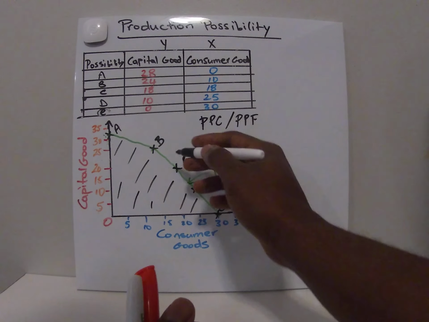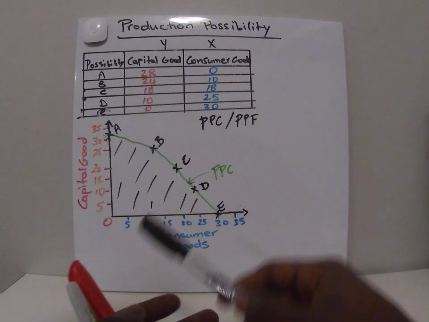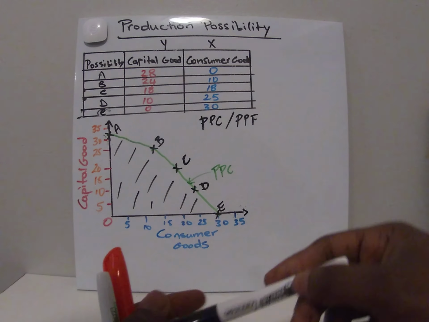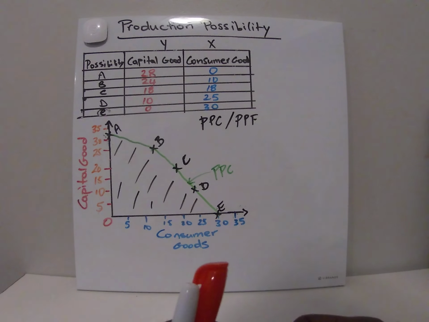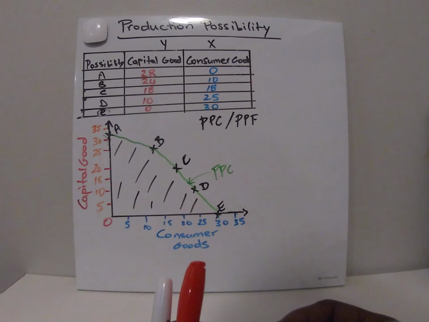Anything to the right of the PPC is unattainable because we cannot produce what we don't have, basically. The resources that we don't have, we can't stretch beyond that.